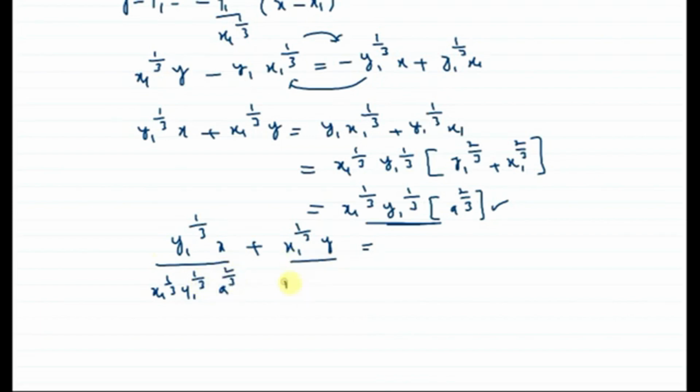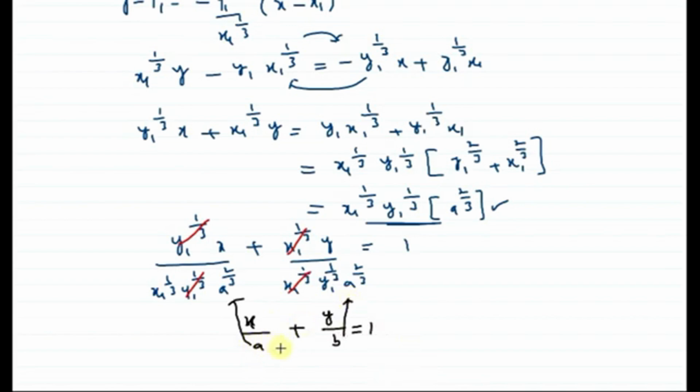Here also x1 to the power of 1 by 3 y1 to the power of 1 by 3 a to the power of 2 by 3. This is equal to this whole term by that one, so I will get 1 here. Here again y1 to the power of 1 by 3 will be cancelled, and x1 to the power of 1 by 3 cancels. Now this is in the form of x by a plus y by b is equal to 1. So this is the x intercept and this is the y intercept.